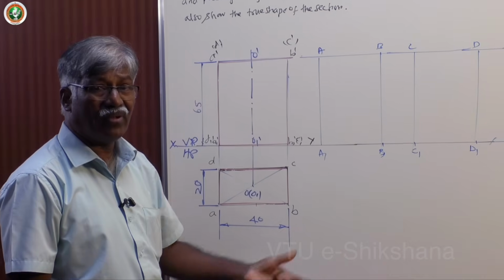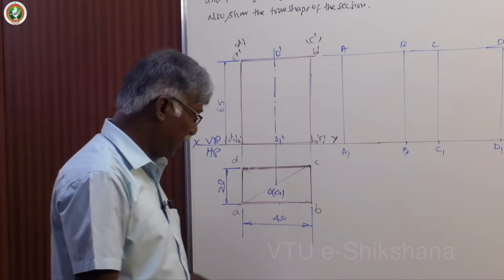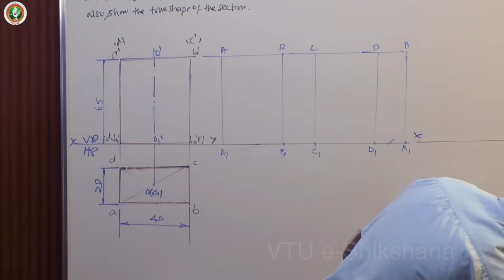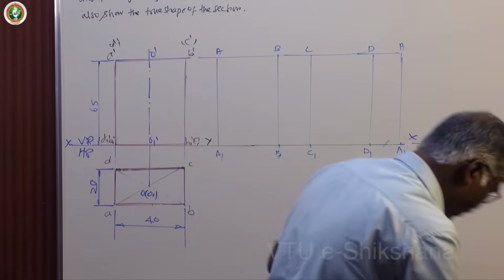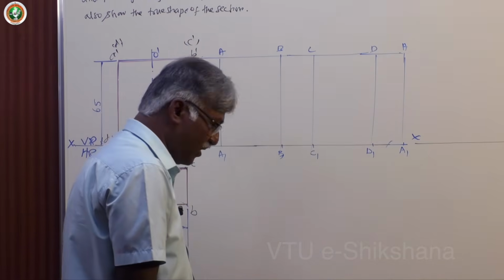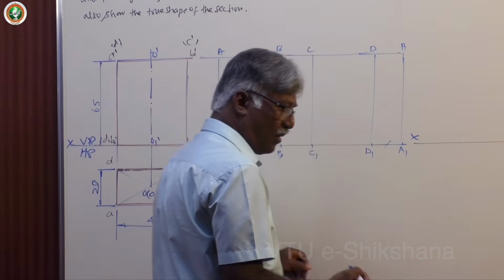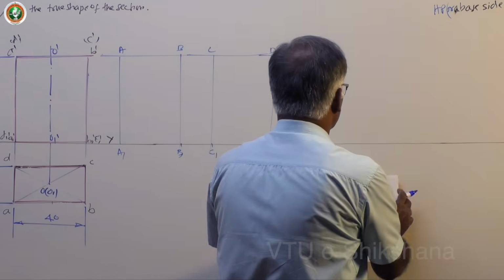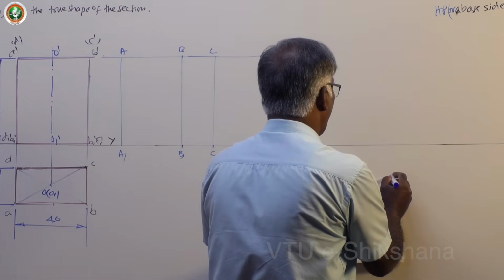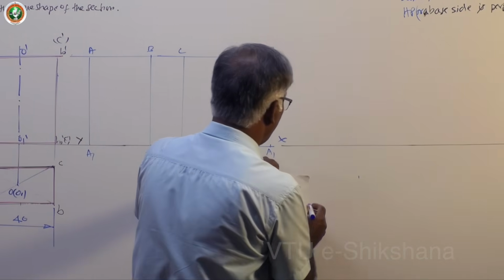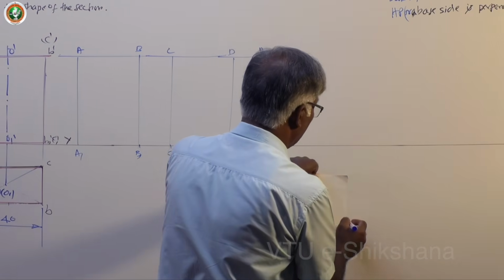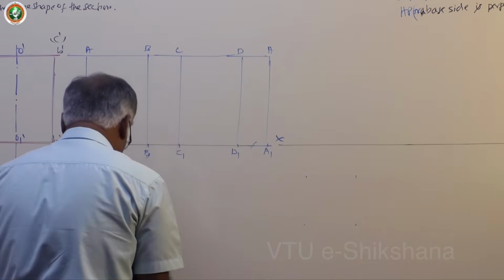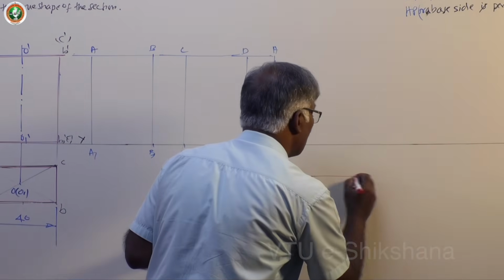Next, what about the development of the square? Again, square is the simplest model or solid which we can discuss. Now, let me take up this particular solid.